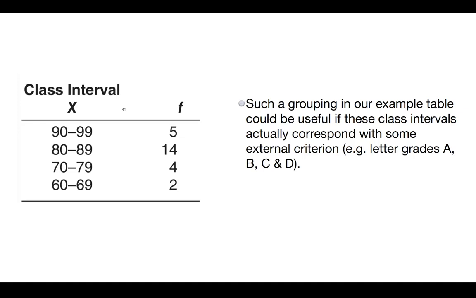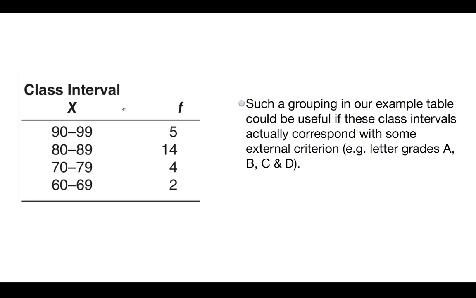Now, if your response is 10, you are correct. Again, we need to count including the lower apparent limit, which is 90, and then we go to 99. So if you count starting at 90, you would also notice that it has an interval width of 10.